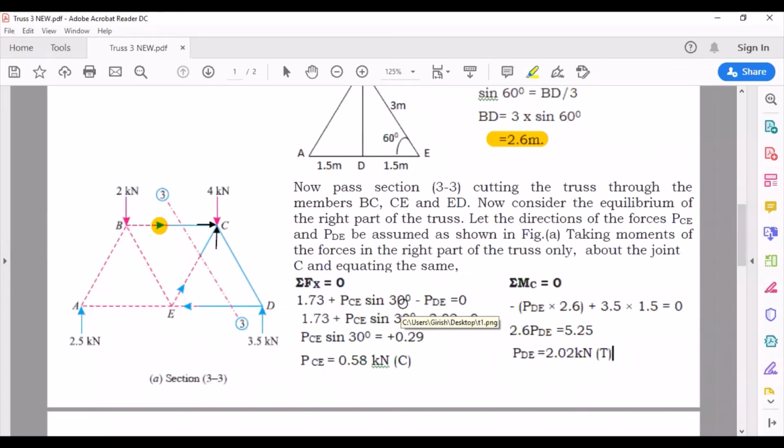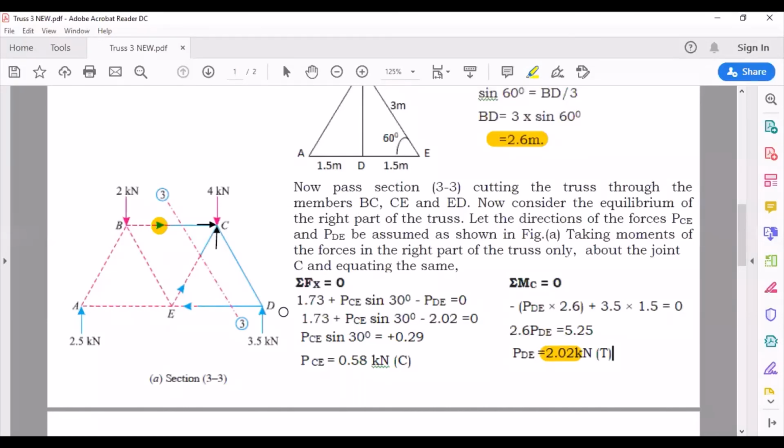So it is plus PCE sine 30, and PDE is negative because it is going to the left, minus PDE. Now this PDE already has been calculated here. So 2.02 substituted. You have only one unknown, that is PCE.